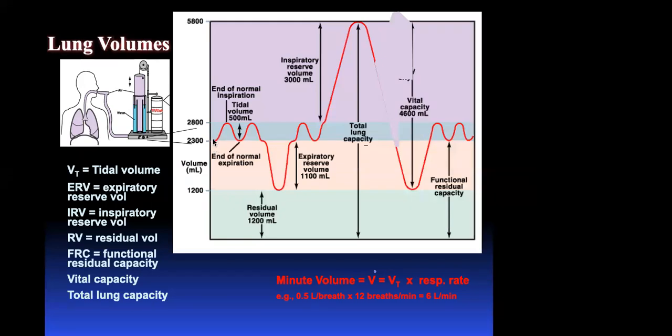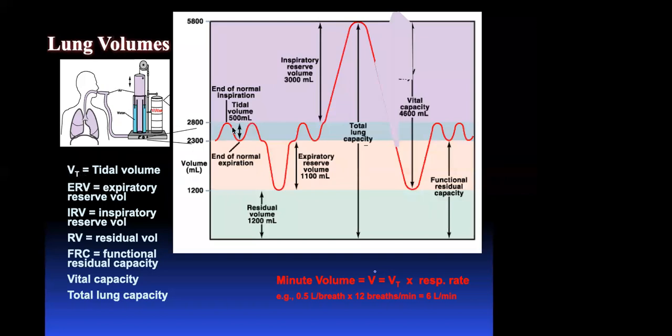Let's start at the end of normal expiration. Somebody has just let out a normal expiration. He's not exercising, he's not talking. He's just in normal resting expiration, and then he takes a normal resting breath. That amount of air which enters his lungs is called the tidal volume, TV, or sometimes V small t.